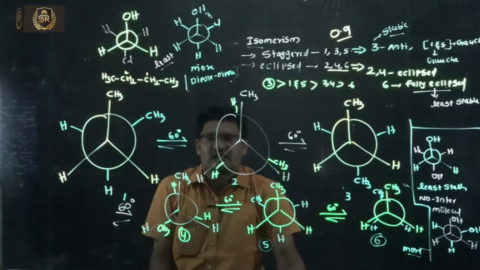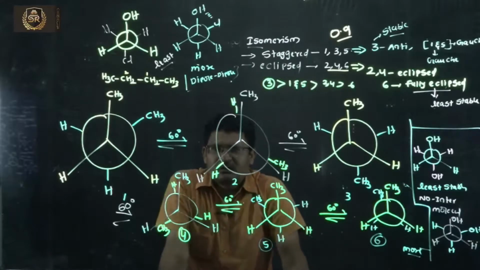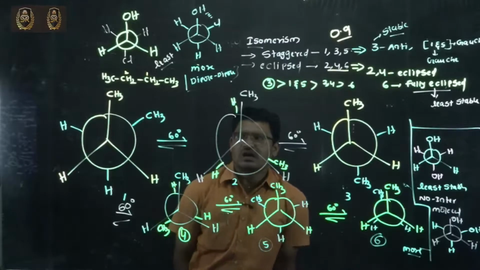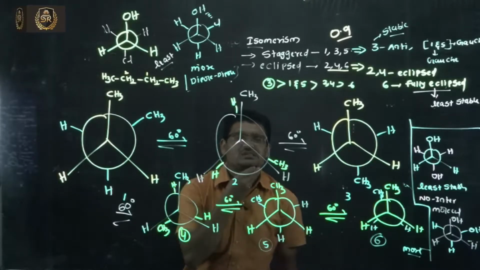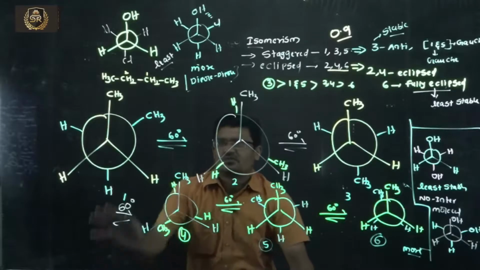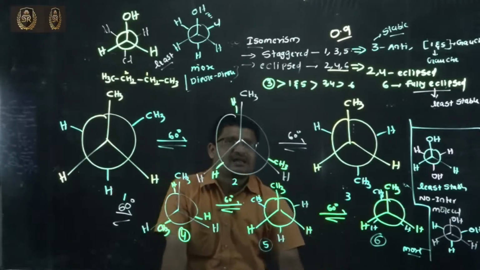What is conformational isomerism? The best example is butane. Butane contains 6 types of Newman projection formulas, of 2 types: one staggered and the second eclipsed. 1, 3, 5 are staggered, and 2, 4, 6 are eclipsed.